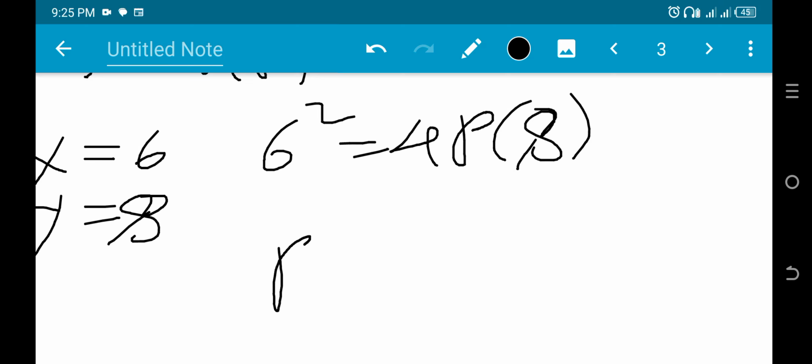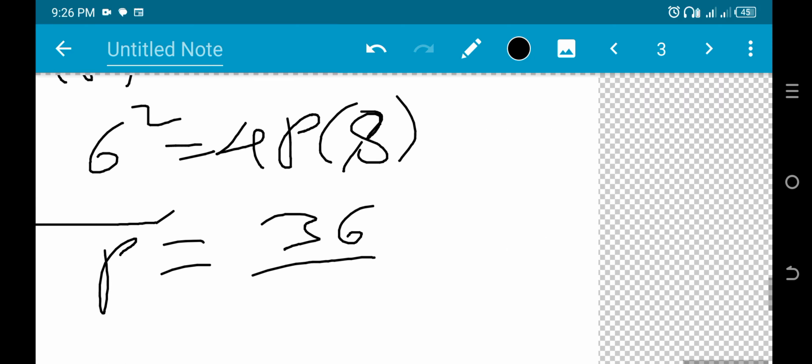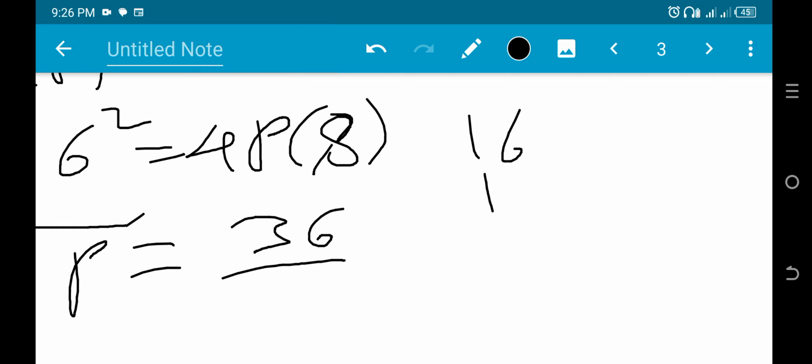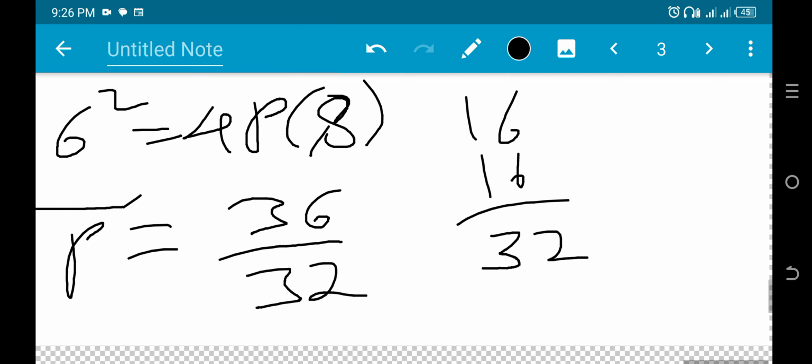So p equals 6 squared, that's 36, divided by 8 multiplied by 4, which is 32. So it's 36 divided by 32.